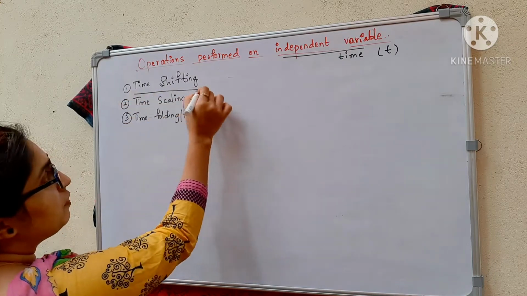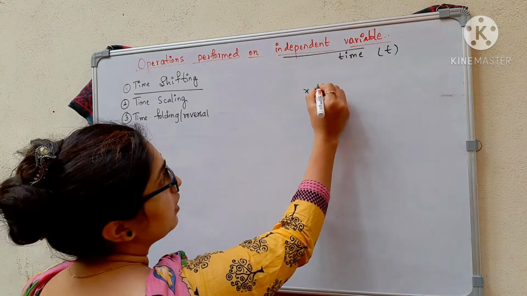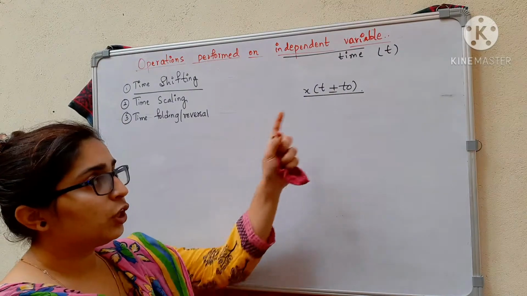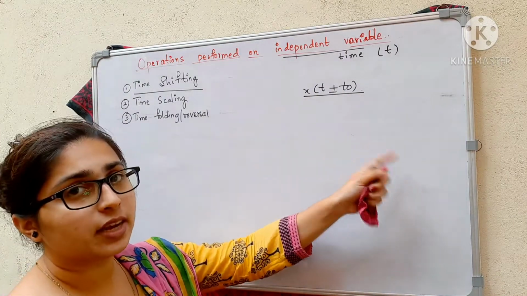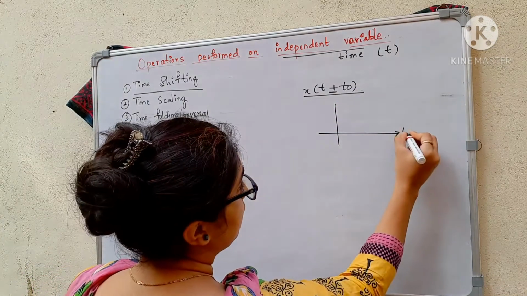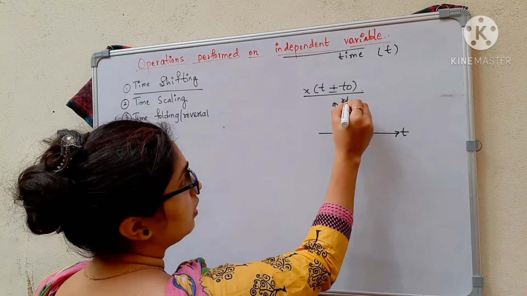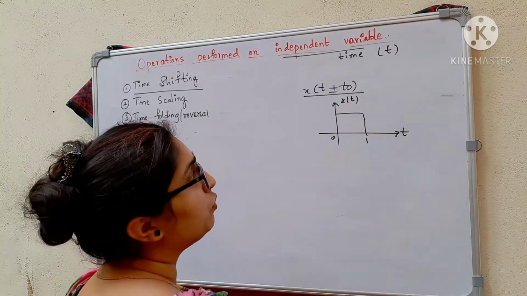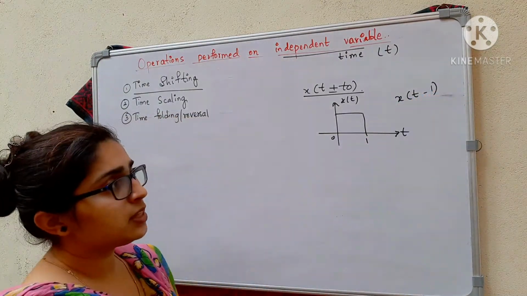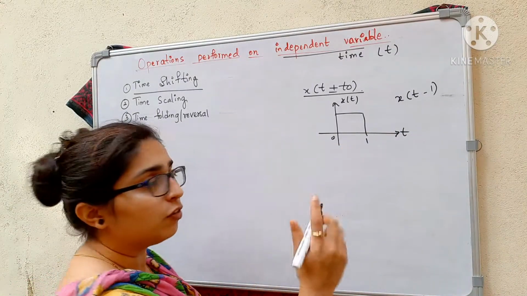When we study time shifting, you are going to have plus or minus t naught. Either you get the delayed version of the signal or the advanced version. For example, if this is your x of t from 0 to 1, then x of t minus 1 means you shift this signal towards the right by 1 unit.